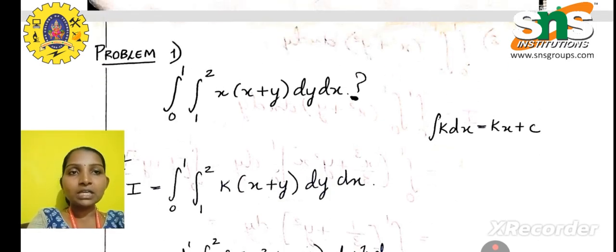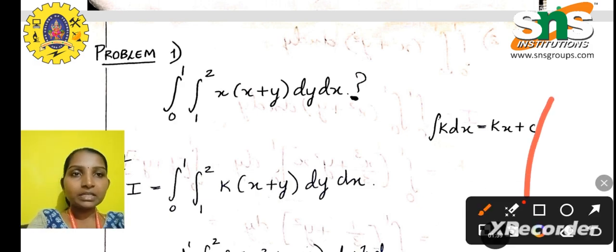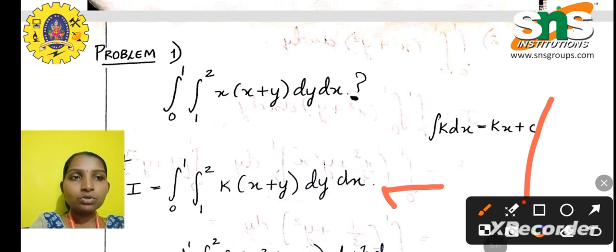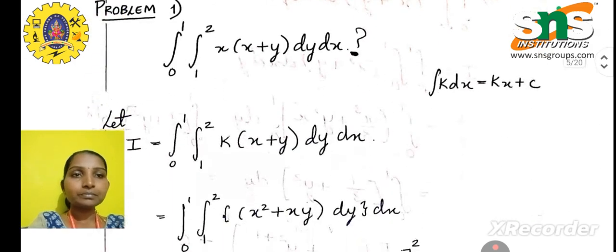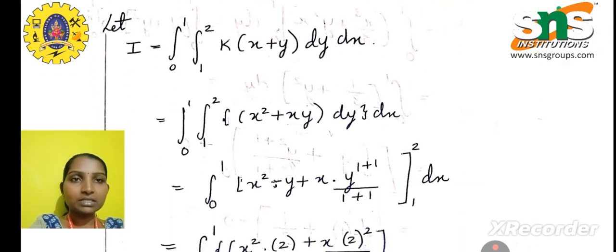Now here the inner limit is for y and the outer limit is for x. Now what is our I? I is integral 0 to 1, 1 to 2, x into (x plus y) dy dx. On multiplying this x inside the brackets, you will have x squared plus x into y. So this is what we have got in the second step.